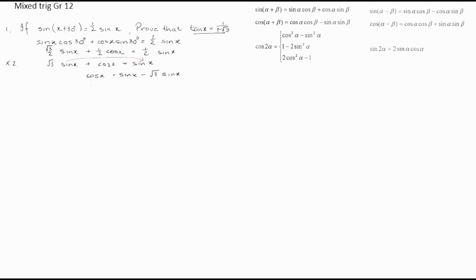Right, so cos x equals, take out a common factor of sine x, and I will be left with 1 minus root 3. I'm getting there. I can see I'm getting towards my answer. I need to get a tan. In order to get tan, we have to divide both sides by cos.